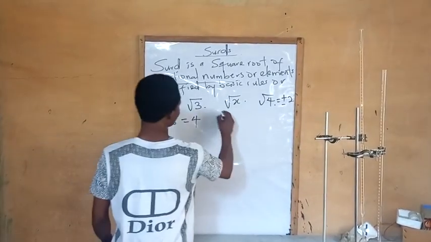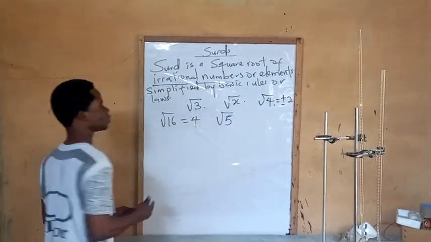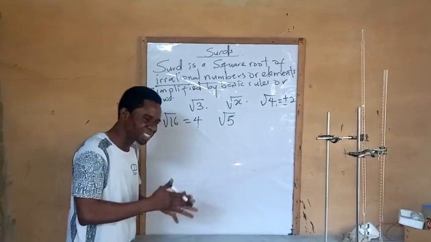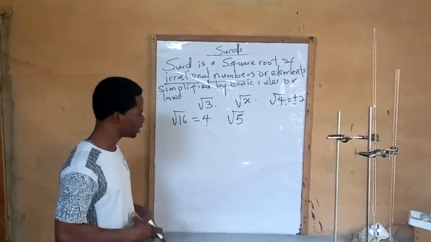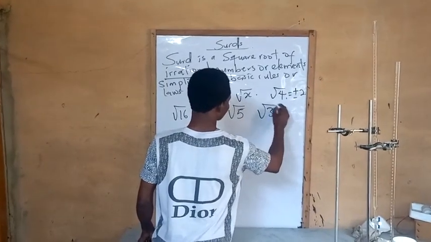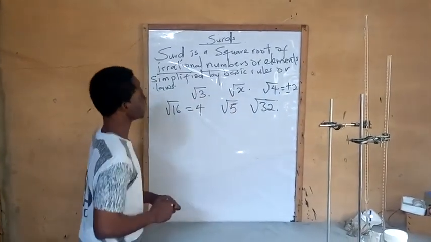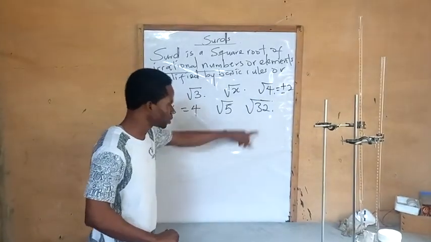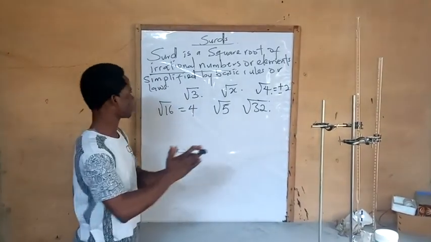But when you have the square root of 5, this is a surd because this one cannot be split any more. If I have the square root of 32, this is not a surd because I can split down 32.